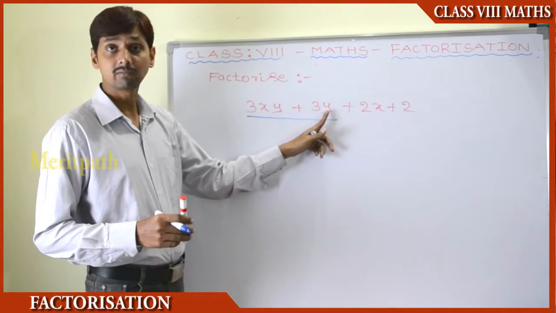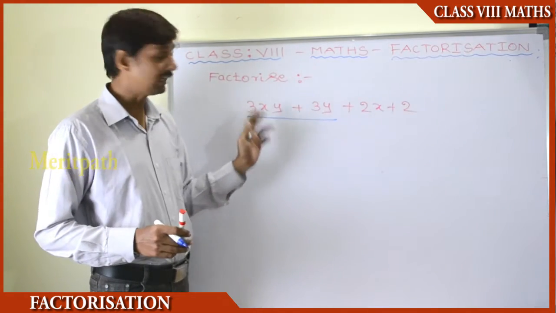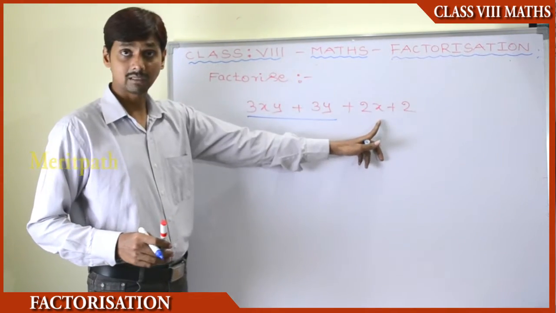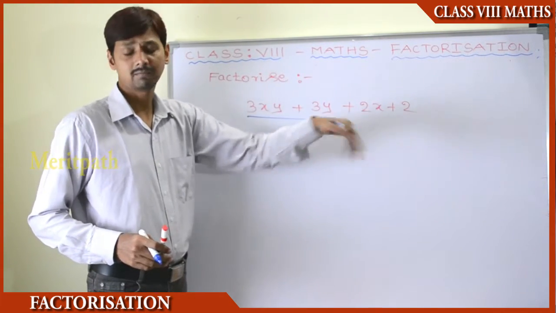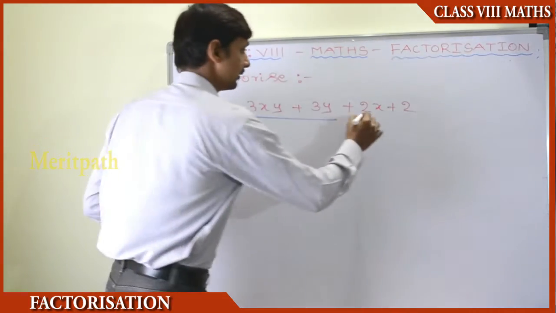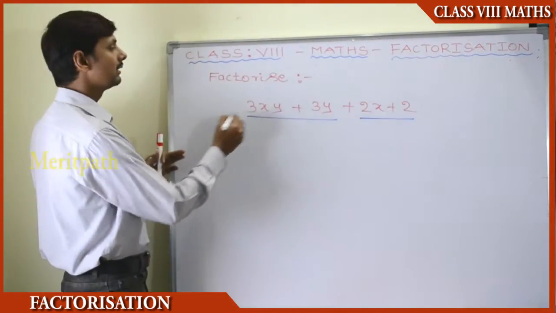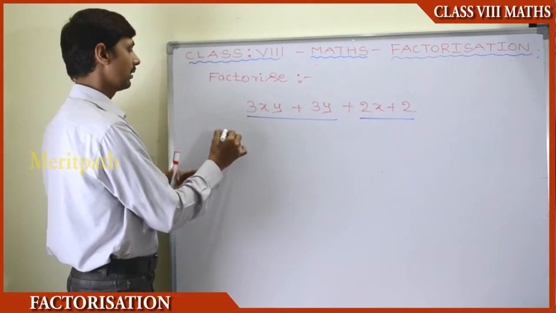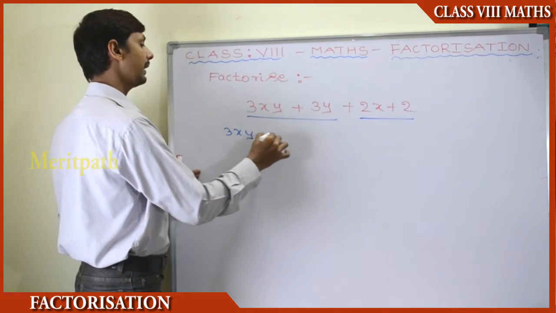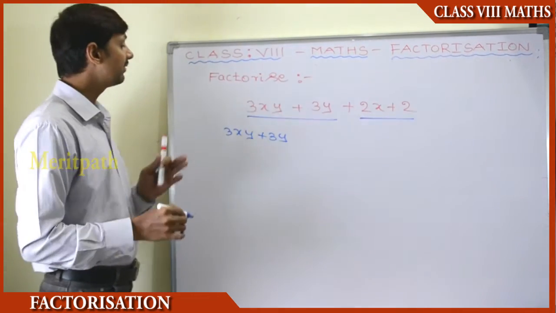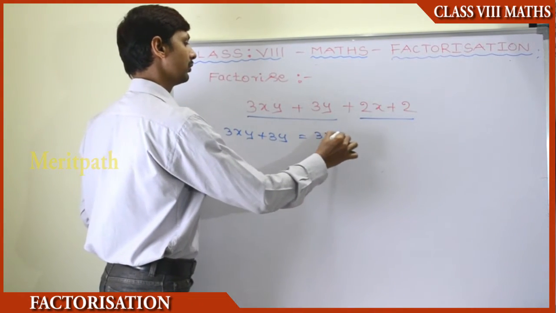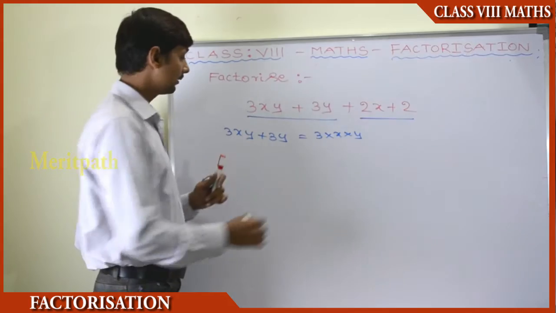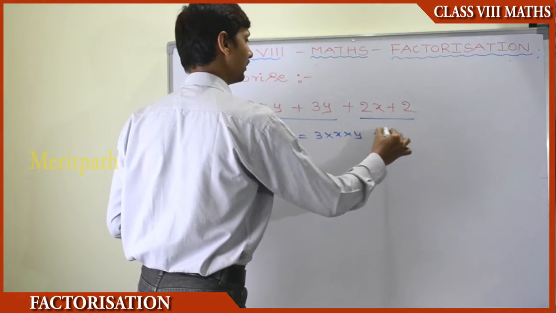The next two terms, 2x plus 2, have a common factor of 2, so we can take 2x plus 2 separately. Let's take the first two terms, 3xy plus 3y. This can be factorized as 3 into x into y, plus 3 into y.